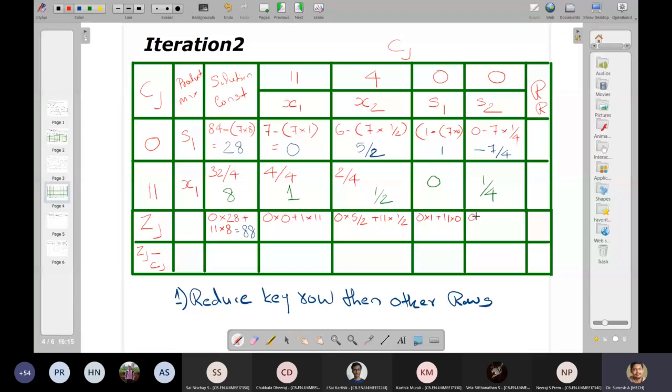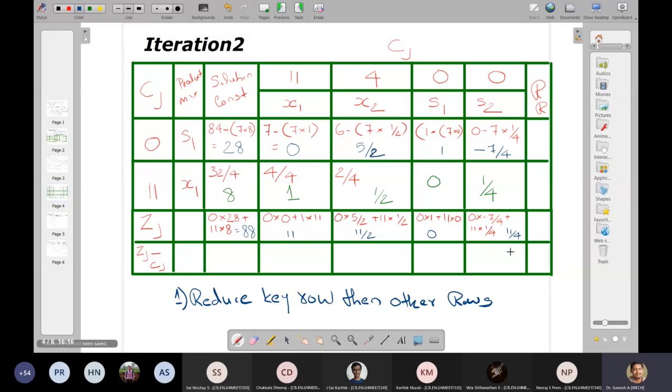Next it will be 0 into minus 7 by 4 plus 11 into 1 by 4. So the values will be 88 here, 11 here, 11 by 2, 0 and 11 by 4.